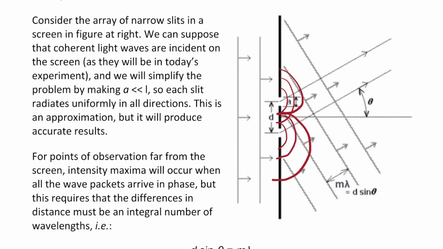It's actually these crests and troughs that are the reason that you have minima and maxima, or maybe not the crests and troughs, but rather the points where these waves intersect with each other.